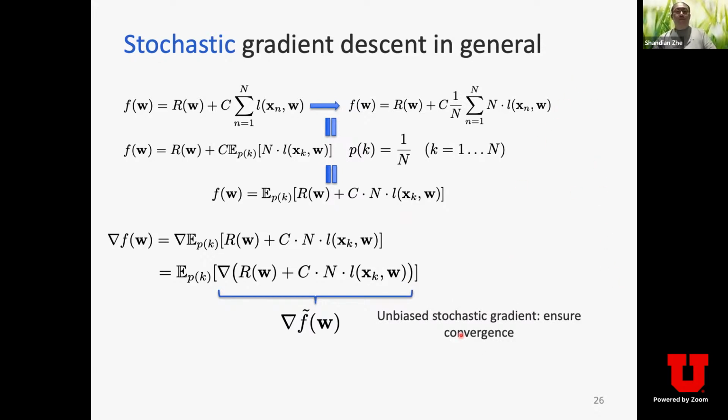If you want to look at why we randomly pick one example and then duplicate it to fake a data set of the same size as the original data set, plus the regularizer, and calculate the gradient, those derivations, several lines of derivations, show you that following this procedure when you compute the gradient, this is actually an unbiased stochastic estimate of the exact gradient. In other words, if you take expectation of your stochastic gradient, you will recover the exact gradient.